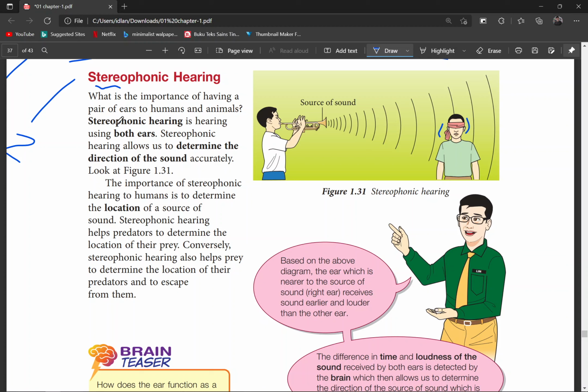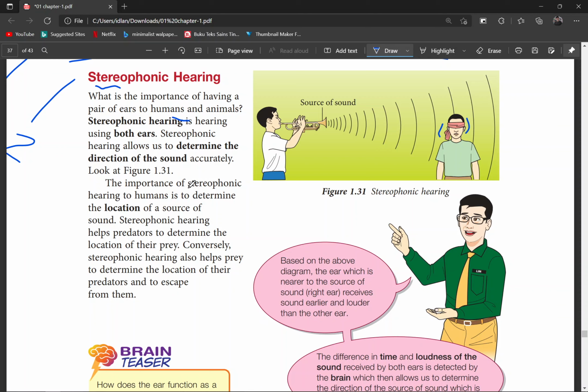What is the importance of having a pair of ears to humans and animals? Stereophonic hearing is hearing using both ears. Stereophonic hearing allows us to determine the direction of the sound accurately. Kepentingan dia untuk menentukan mana lokasi bunyi itu datang.